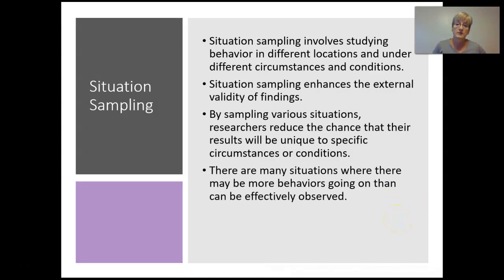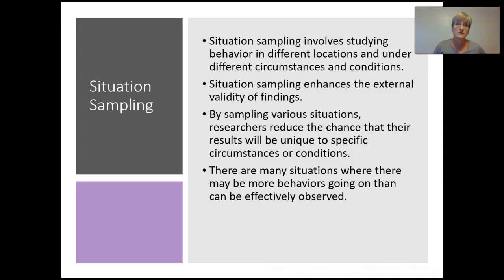You also need to think about the fact that there are lots of situations where you have lots of different kinds of behaviors. And since human beings are always annoyingly complex, the challenge that you have as a researcher is to sort them, to decide which behaviors to focus on and which behaviors you can ignore.